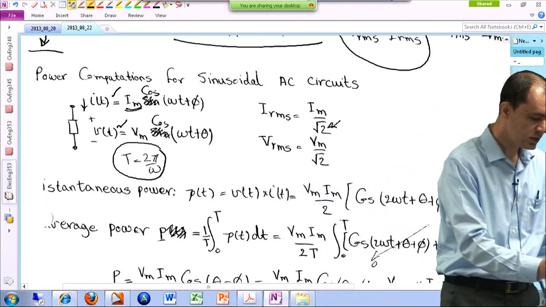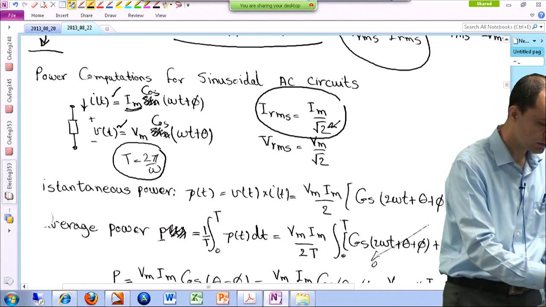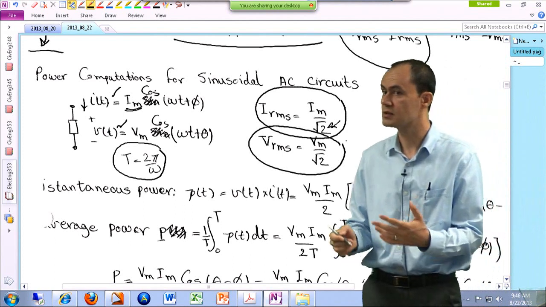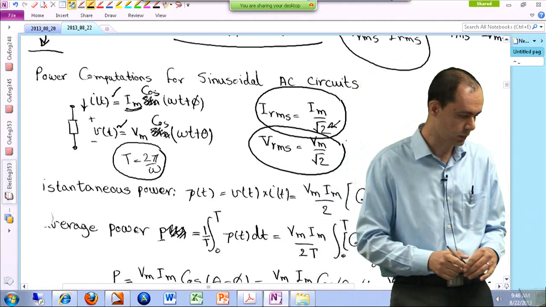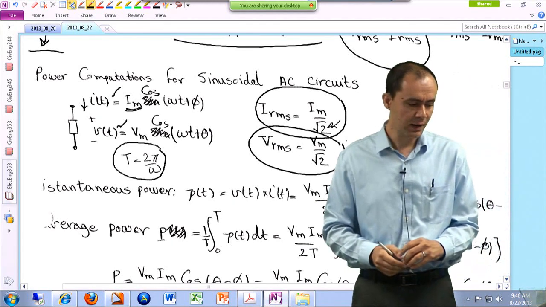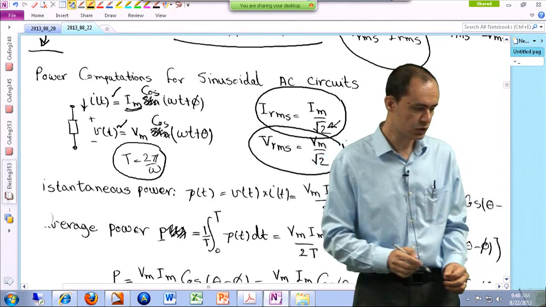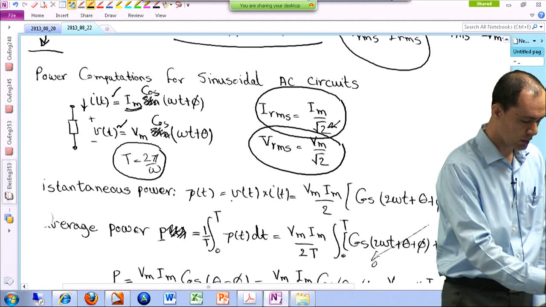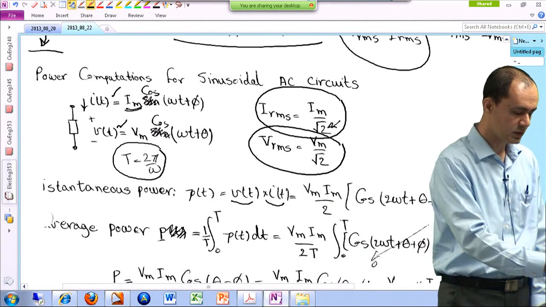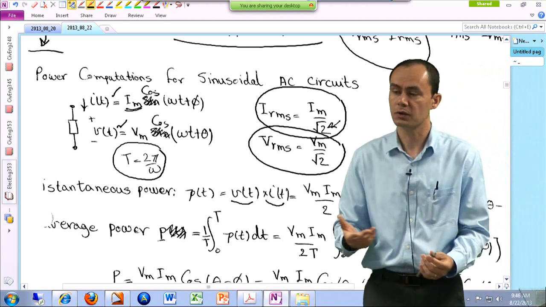All right, so I can easily find the RMS value of the current, and I can easily find the RMS value of the voltage. Very easy, because both of these signals are sinusoidal. Looking at the instantaneous value of the power, I have to go with the original definition. I am multiplying the voltage by the current, so I have two cosine terms multiplied by each other.